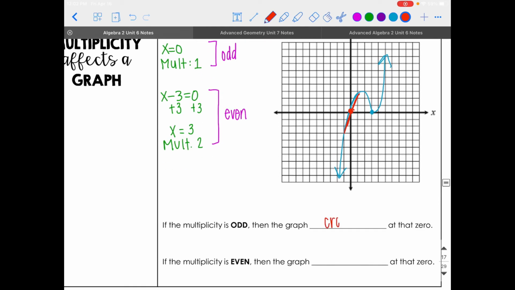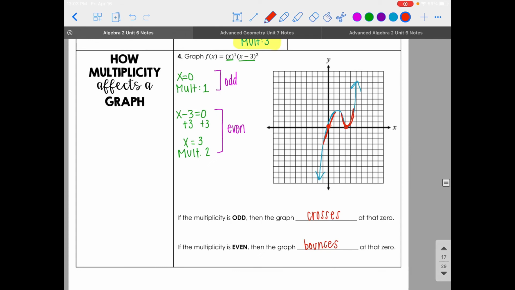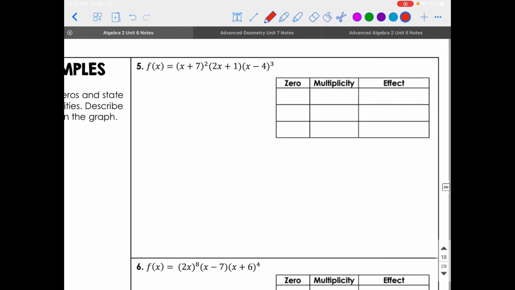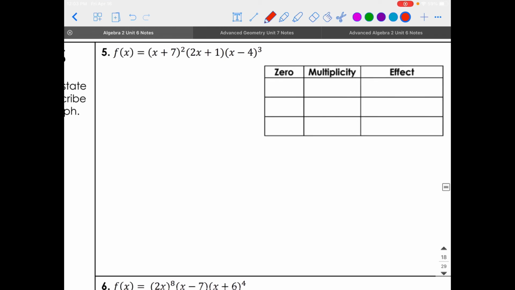Anytime your multiplicity is odd, the graph crosses at the 0. But over here, where the multiplicity is even, it doesn't actually cross through. It bounces. It hits it and it bounces back up. So whenever the multiplicity is even, it bounces.